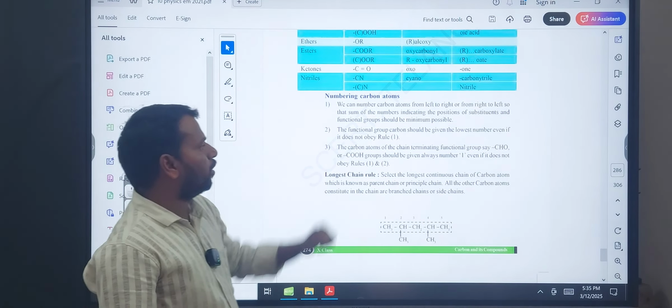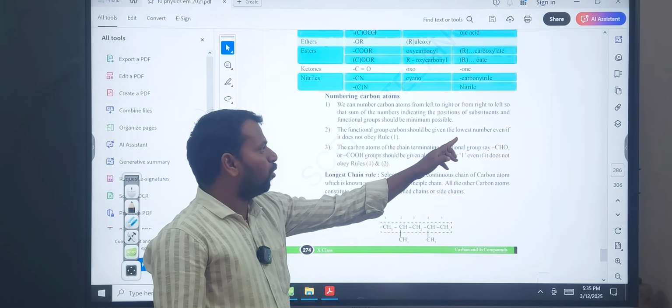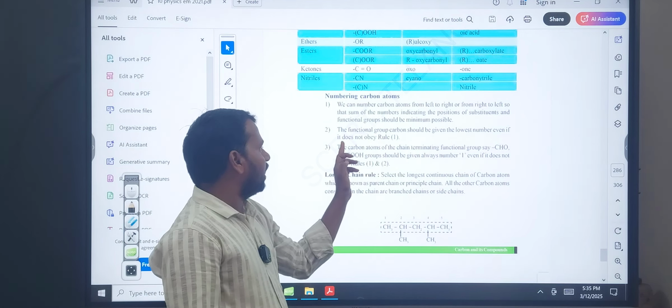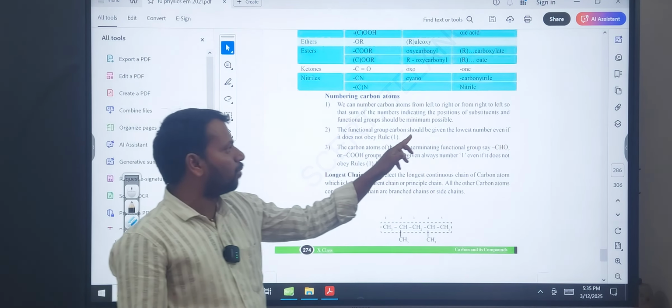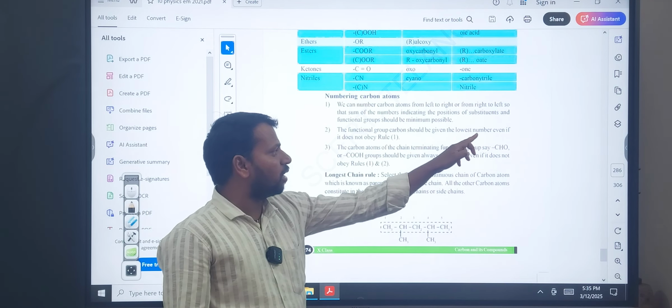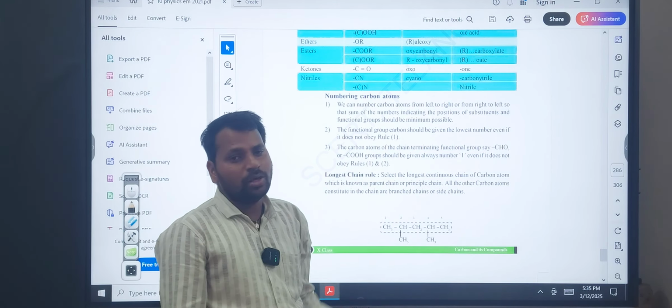The functional group carbon should be given the lowest number even if it does not obey rule 1.